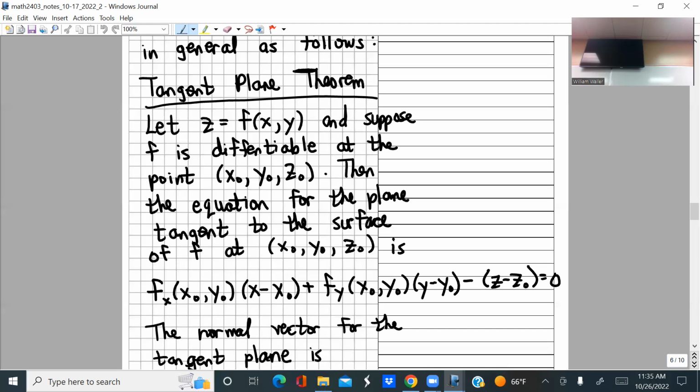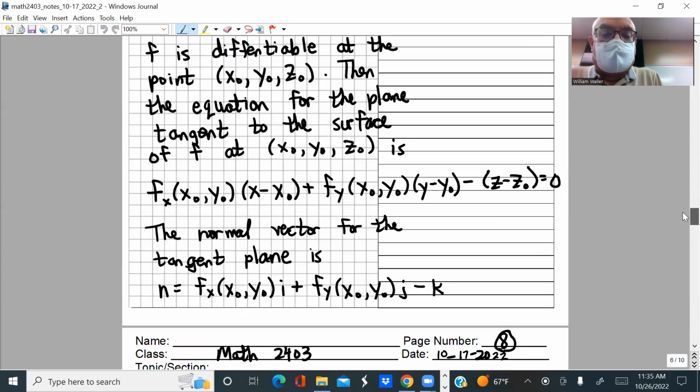And then you can see from the equation of the tangent plane what the normal vector for the tangent plane is going to be, because that's just going to be these coefficients here. So the formula for the normal vector is given by this equation. Peel off the coefficient of x minus x0.